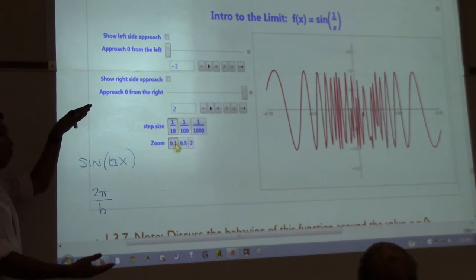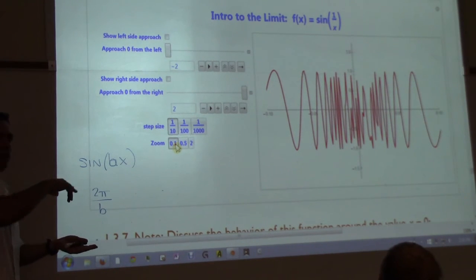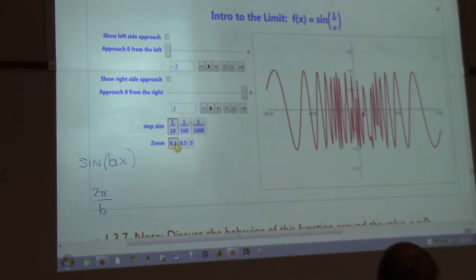You can't say it's 1 or -1, because at any point in time it could be in the middle. It's just never anywhere. It's always jumping back and forth. So it's like it doesn't exist, right? At 0, it's undefined. But as you move towards 0, it still doesn't make any sense. So this is a really strange example of really erratic behavior.